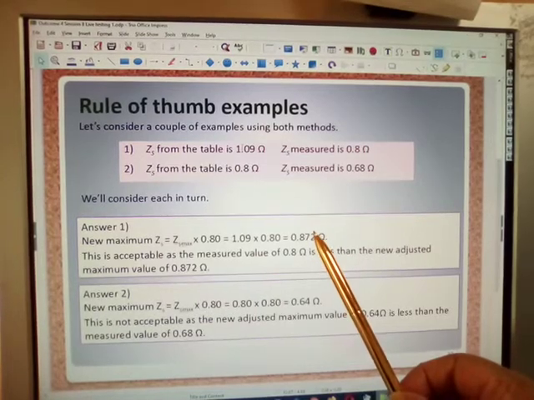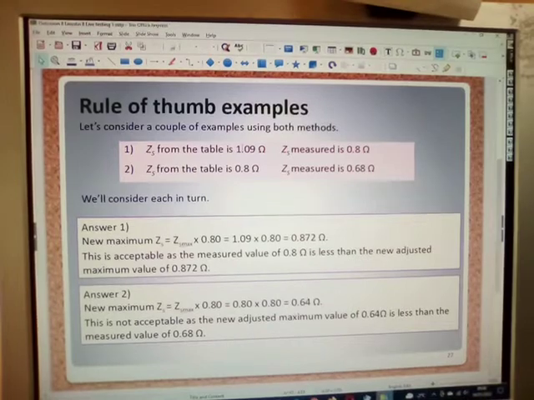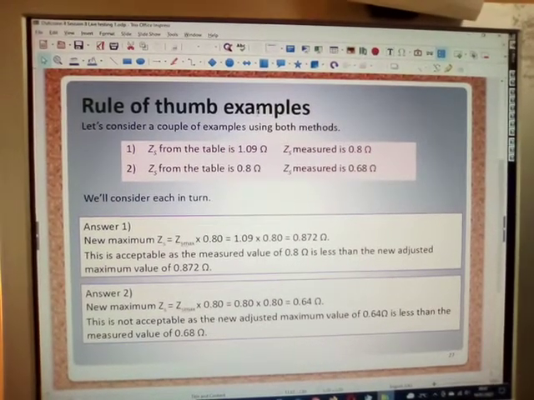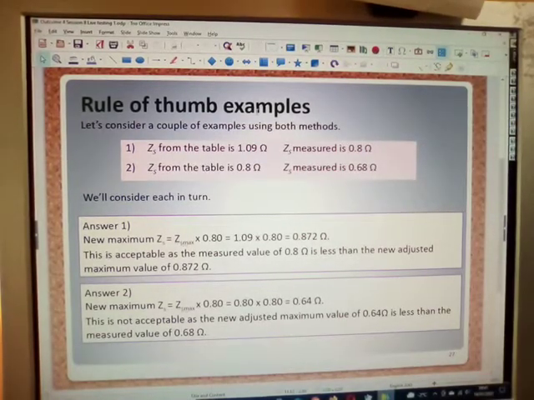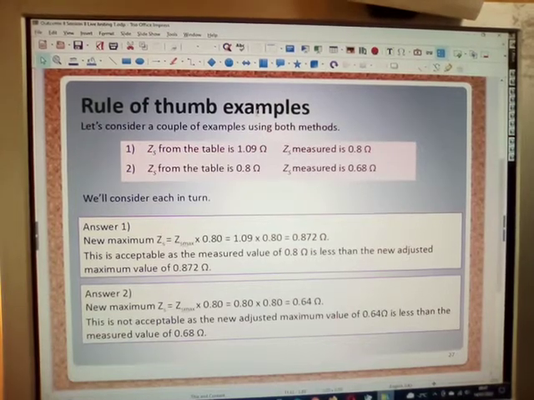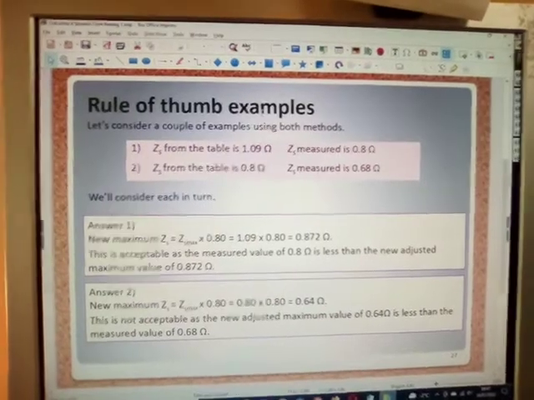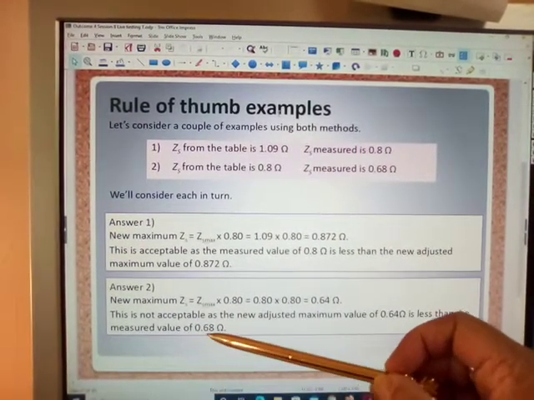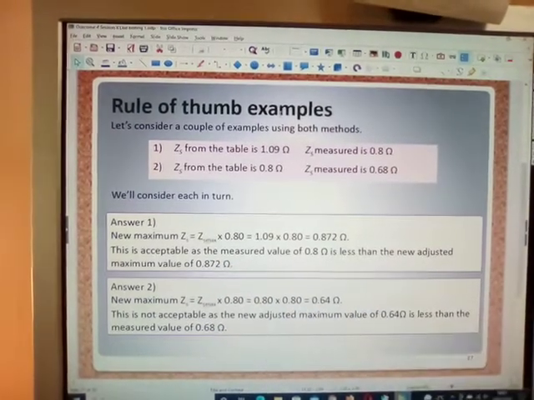And as you can see here, it is acceptable. And yes, this is less than this.